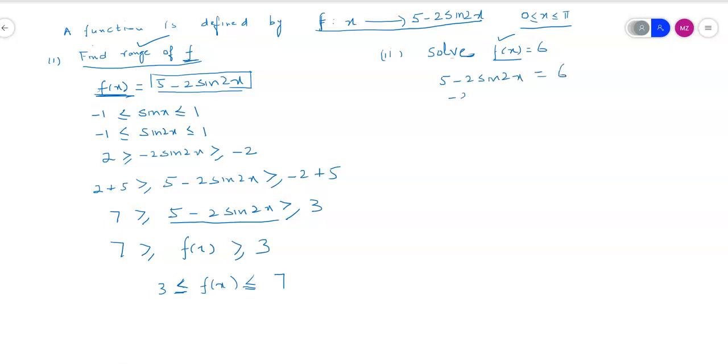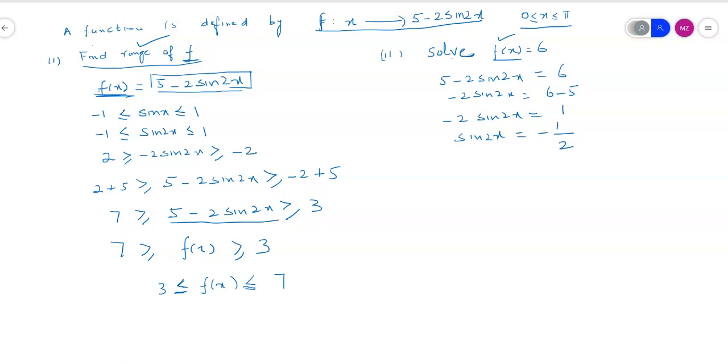This can be written as minus 2 sine of 2x is 6 minus 5, as this 5 will be shifted there. It's minus 2 sine of 2x is equal to 1, or sine of 2x is equal to minus 1 over 2.